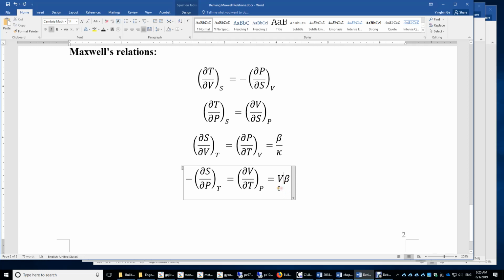For an ideal gas, beta is actually very simple. Beta is equal to just 1 over T. So this guy, delta S over delta P, is negative V over T, and V over T is just nR over P. So the change of entropy is negative nR times the logarithm of P final divided by P initial.